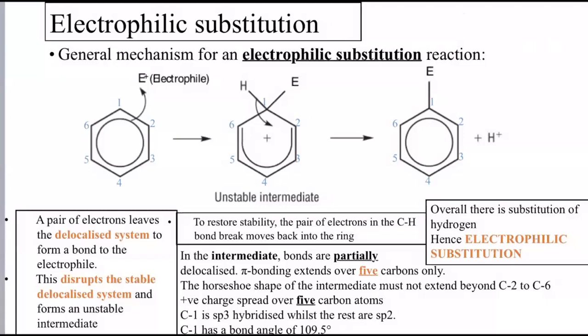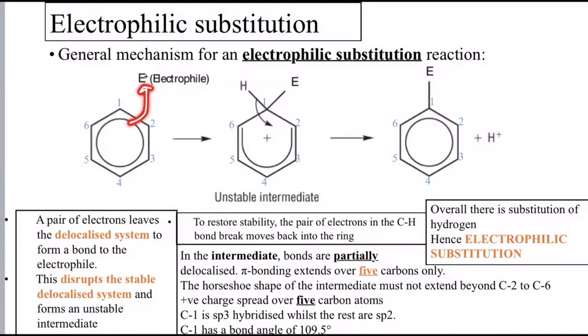So yesterday we looked at the electrophilic substitution, and you saw that the delocalized electrons, a pair of electrons, is being donated to an electrophile. If you see this, my arrow is cutting through the bond between carbon number 1 and carbon number 2.